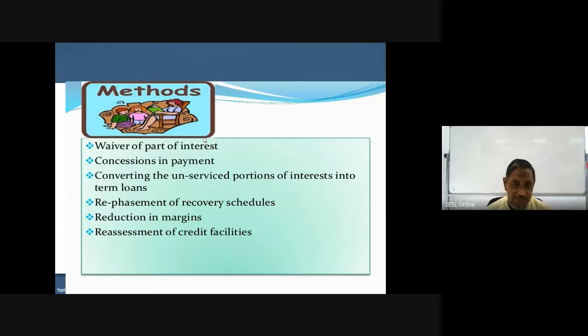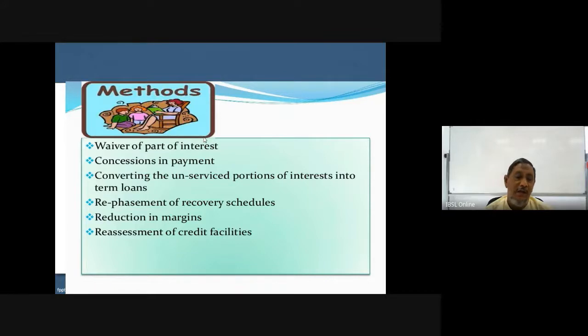The second option for the recovery of interest is granting an interest-free loan. That's the second option, the best option. The interest component is taken out, and we convert the unserviced portion into a term loan.